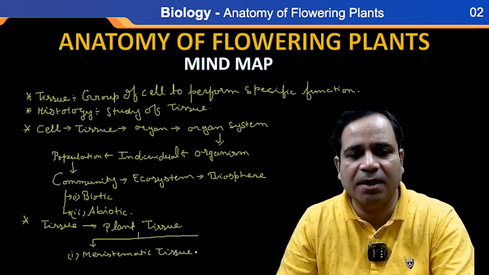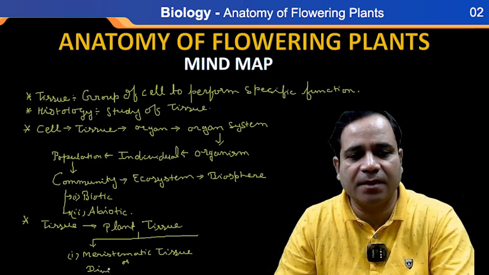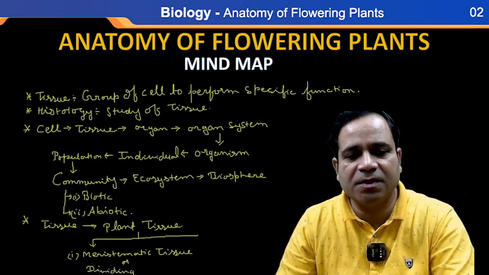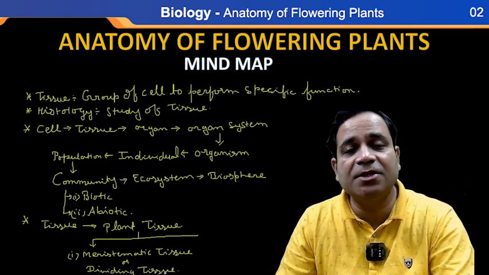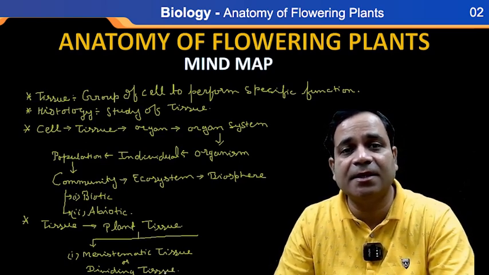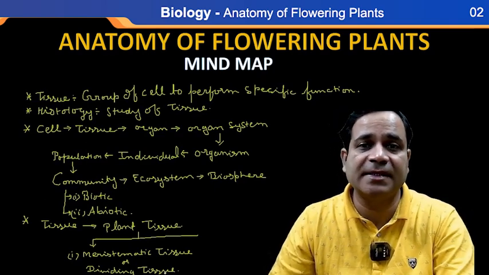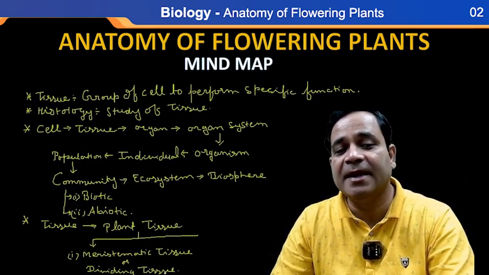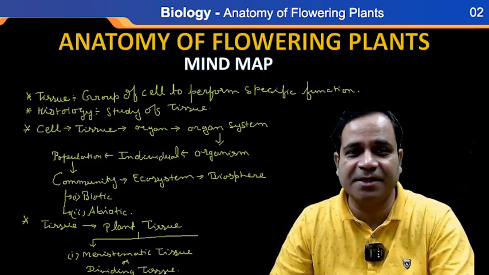Yes, dividing tissue. It means the tissue or the cell which has the capability to divide. So once a cell has the capacity to divide, that tissue is known as meristematic tissue, or dividing tissue.